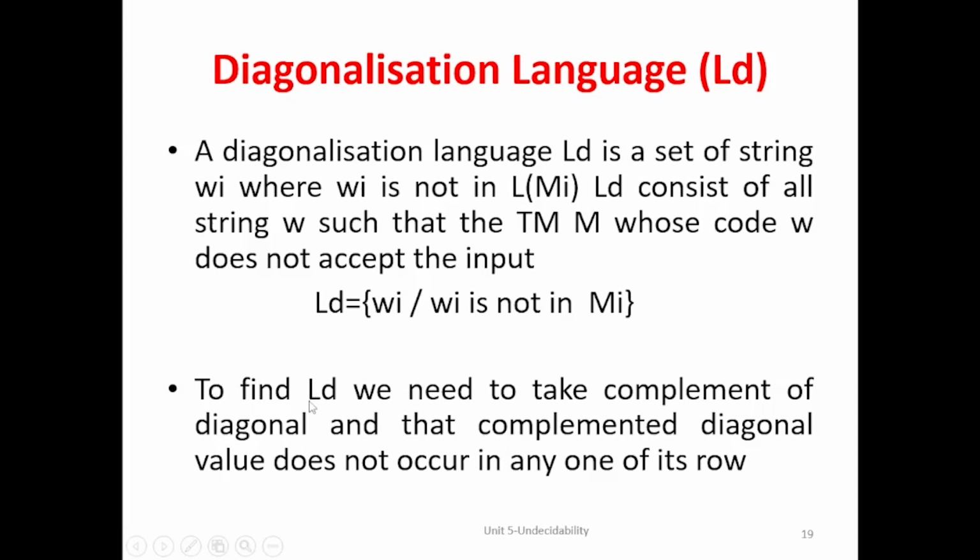So how can we find the set of strings for framing LD? We need to take the complement of the diagonal values from the square matrix, and that value does not occur in any one of its rows. So how can we prove it?